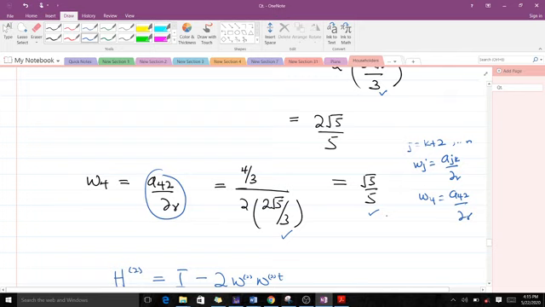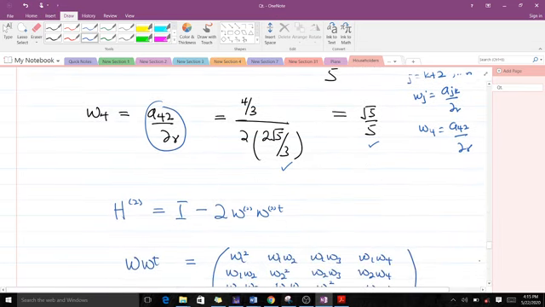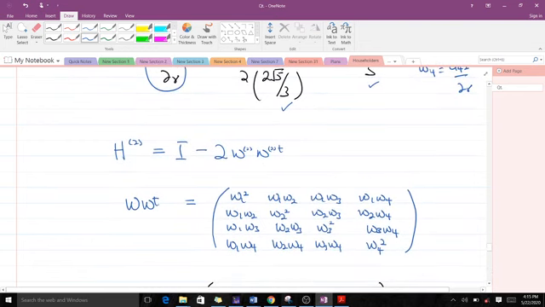So we are still working. To get our second H, it's given as I minus 2 W W transpose. So know that our W transpose is given as we have here. And you see, for the second iteration, W1 and W2 are both 0.